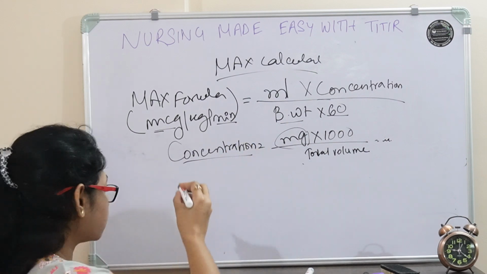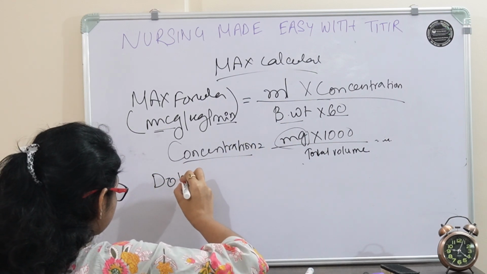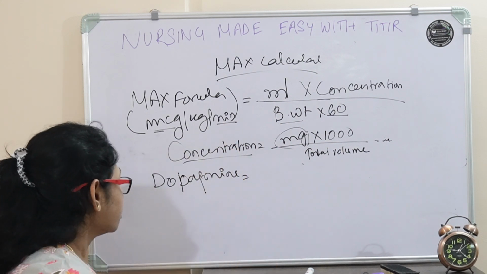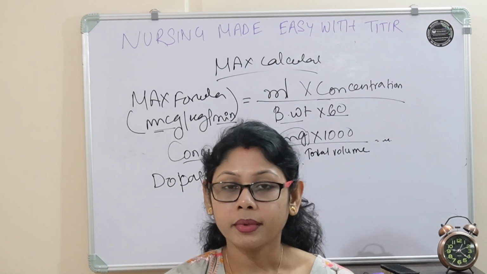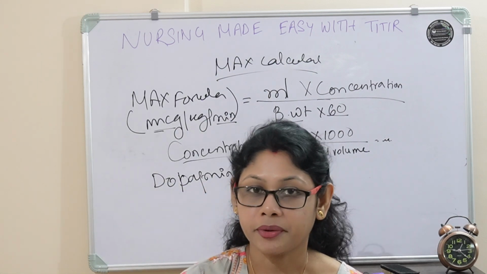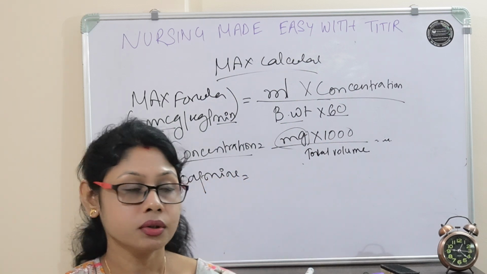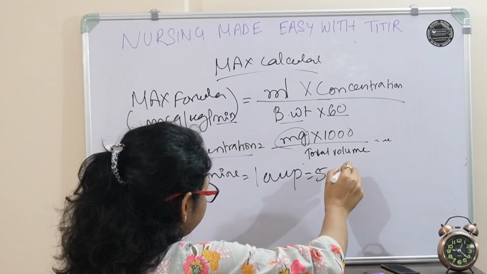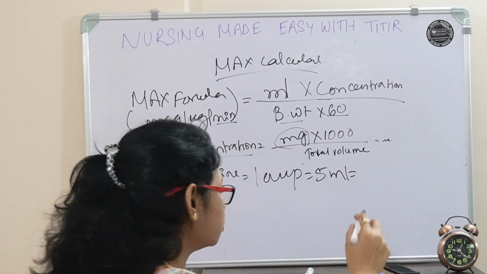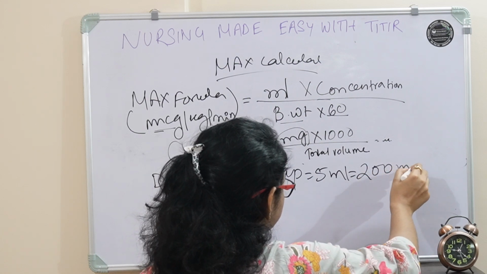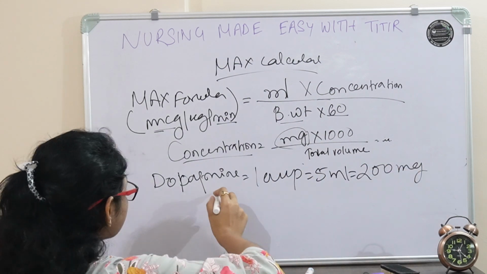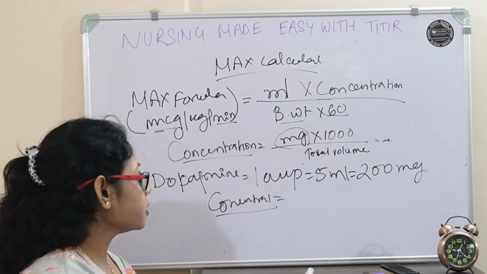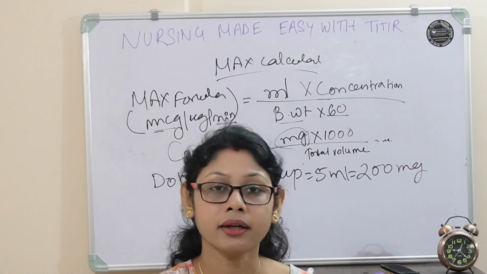Let's start with the drug dopamine. Injection dopamine: 1 ampule is equal to 5 ml, and 5 ml is equal to 200 mg. Let's calculate the concentration. To calculate the concentration, we should know how to dilute dopamine.